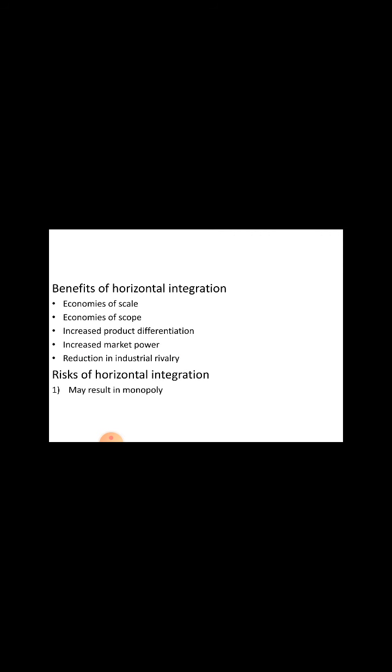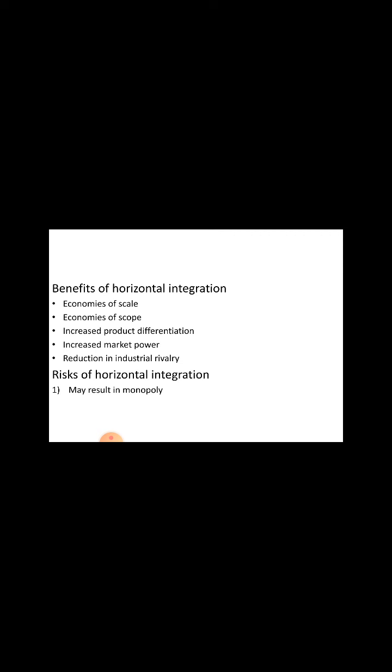Moving on to the benefits of horizontal integration. The most important benefits derived from horizontal integration are economies of scale and economies of scope. I think you all know what economies of scale is. Economies of scale arises when the cost per unit of production of a product decreases.